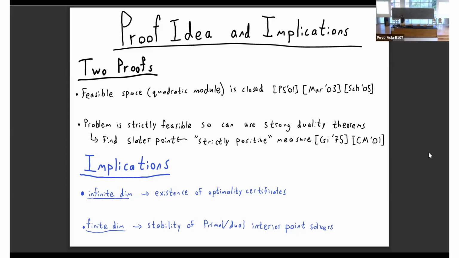So if you think of the optimization problem, this is a chart. For a general semi-definite program, you're looking for the minimum, let's say, or the infimum of some matrix, and you take the trace inner product with a cost matrix, and now you want this matrix to be positive semi-definite.